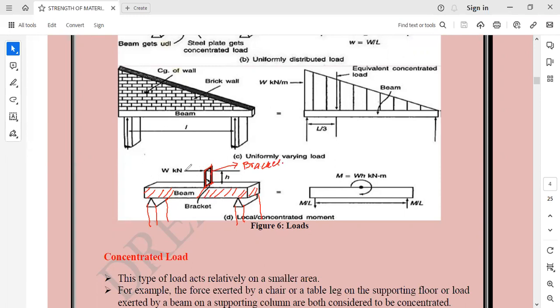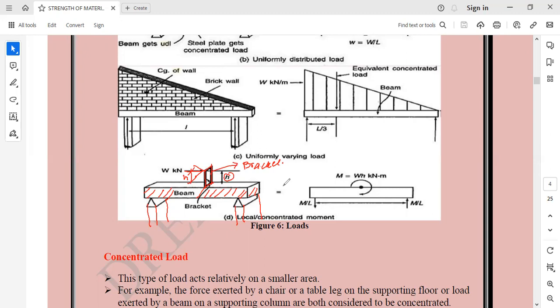The force of W kilonewton is applied on the bracket, and this force is at a height h from the top surface of the beam. I will repeat, there is a beam which is simply supported on two columns, and there is a bracket, and we are applying load W at a distance h from the top surface of the beam.